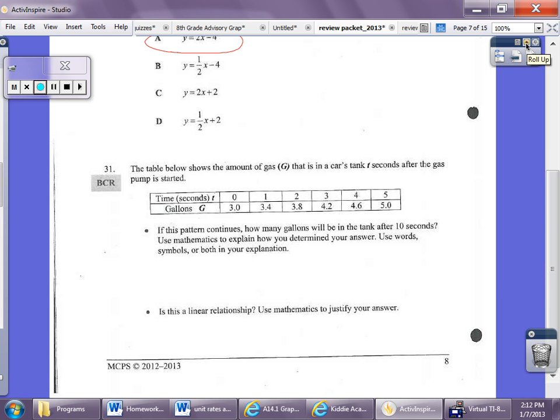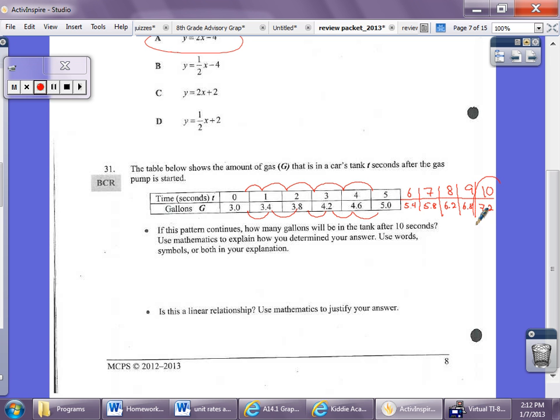If we notice that the time is increasing by 1, so we can do 6, 7, 8, 9, 10. And then the gallons is increasing by 0.4. So 5.4, 5.8, 6.2, 6.8, 7.2.